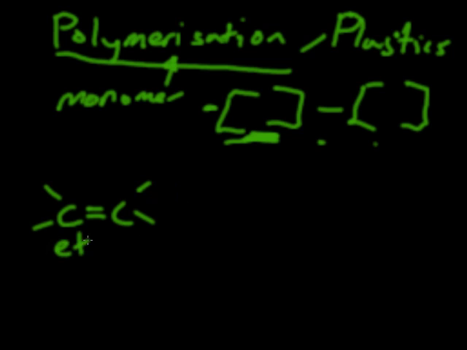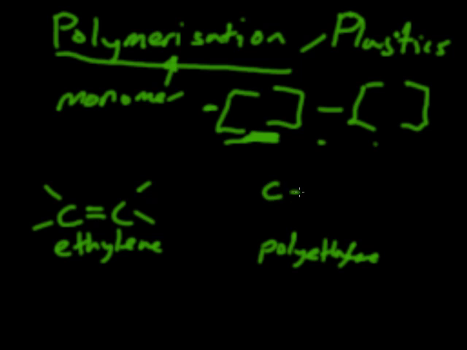When we polymerize ethene or ethylene, same thing, we turn it into polyethylene, which is thousands and thousands of this unit combined together. And when we do combine it together, we basically get this.